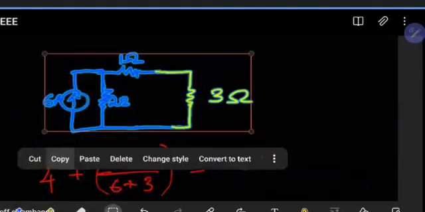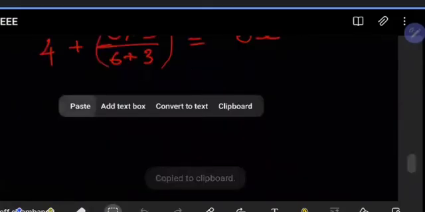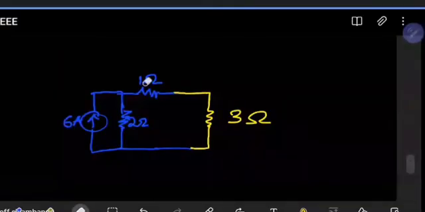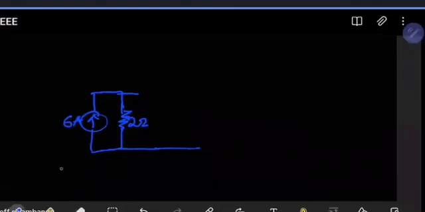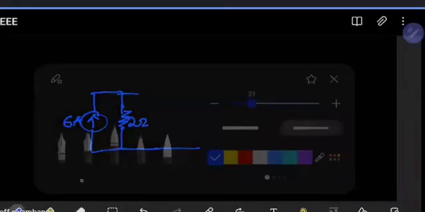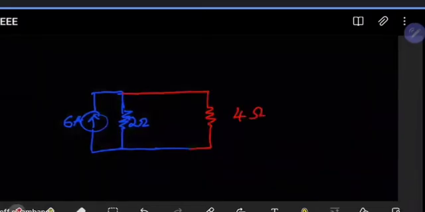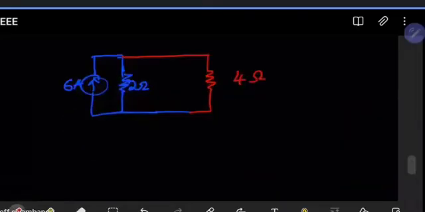I'll copy it. As I combine the 1 ohm and the 3 ohms, I'll use a new circuit. So the 1 and the 3 are in series, so I'll just add them. So their combination becomes 4. Lastly, the 2 and the 4 are now parallel, so we can just now say 4 by 2 over 4 plus 2.